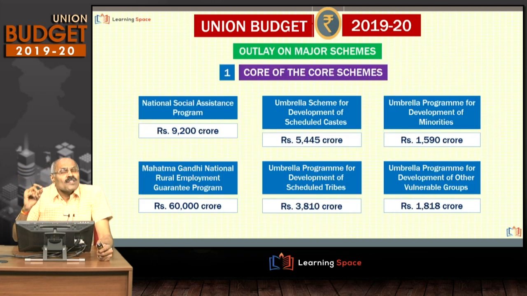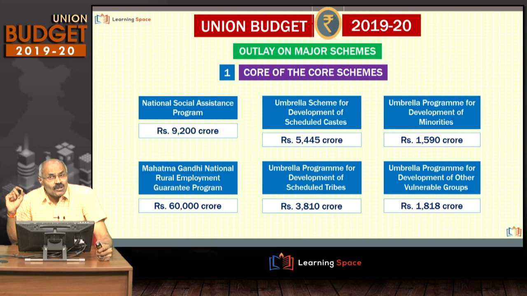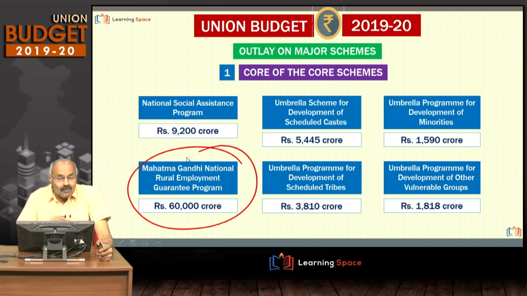Then core of the core schemes. If you look at central government expenditure, please don't forget core of the core schemes, out of which the major one is Mahatma Gandhi NREGA. It is 60,000 crores of rupees. Please don't forget, as per the revised estimate of 2018-19, it is around 61,000 crores of rupees.